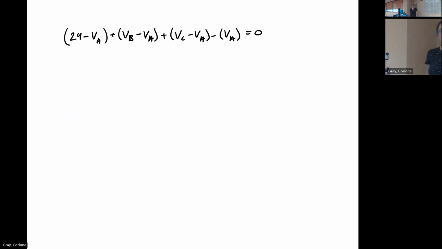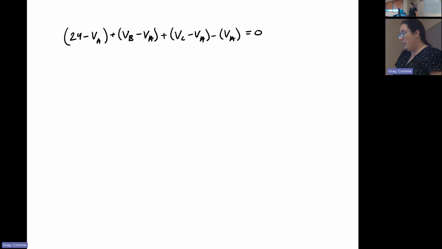Equals 0. We will talk about simplifying this in a little bit, but this is our first equation here. So this is taking our node A, writing all the currents out with respect to the changes in voltages, all the currents flowing in. Again, here we've just moved all the resistors to the other side essentially and got rid of them.